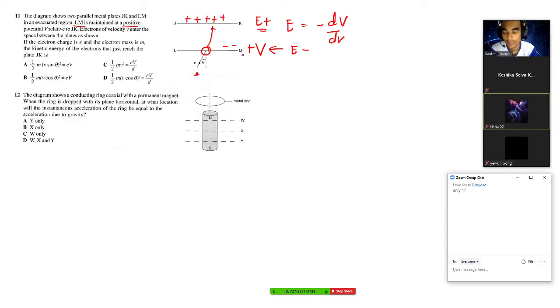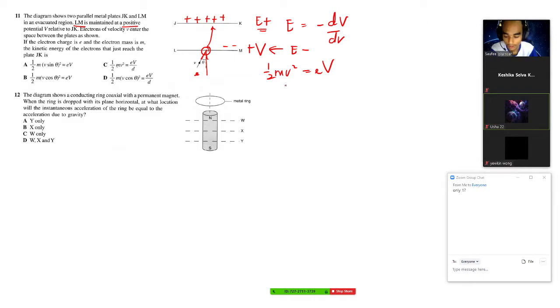As we know, the work will be perpendicular to the plate, so we have to count on this side. Actually, it will be half mv squared equals eV, the work done.